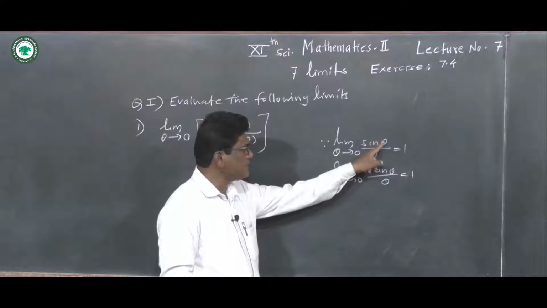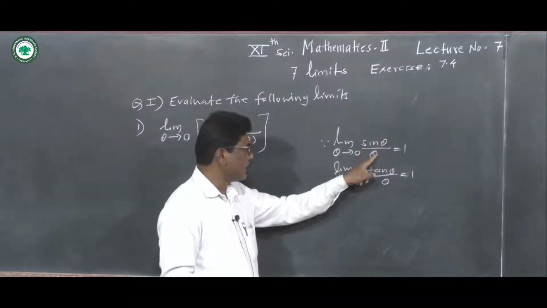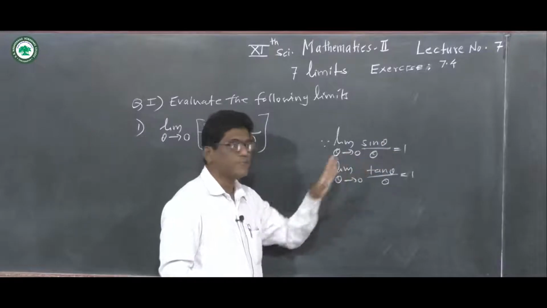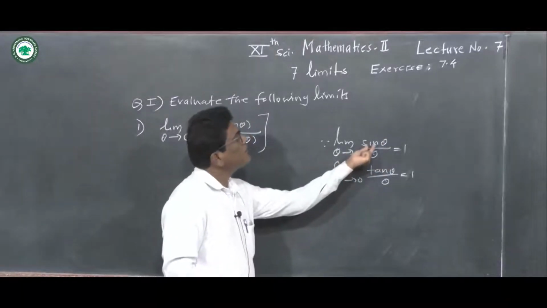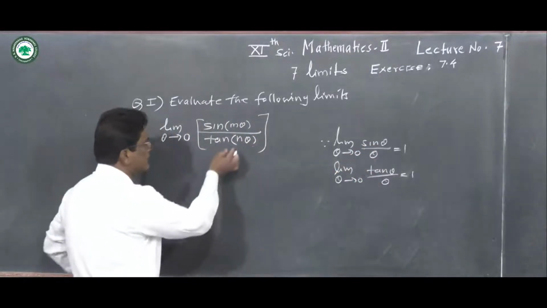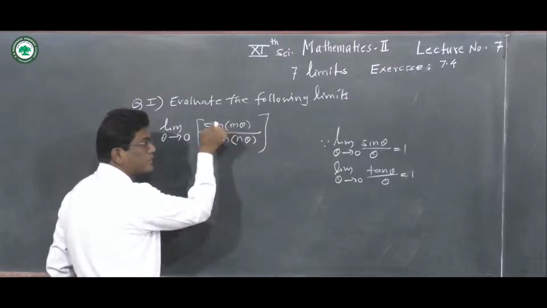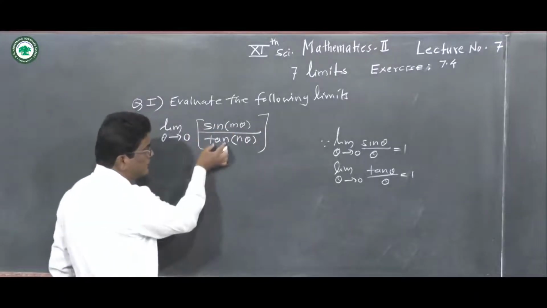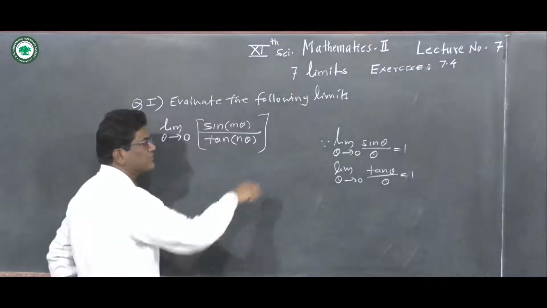Here also the angle is theta and divided by the same, that is sin theta upon theta, and that theta should tend to 0, then the value is 1. So we have to adjust here the angle of sin and the angle of tan in this problem. Here sin of m theta should be divided by m theta. Here tan of n theta should be divided by n theta, to use these formulas.